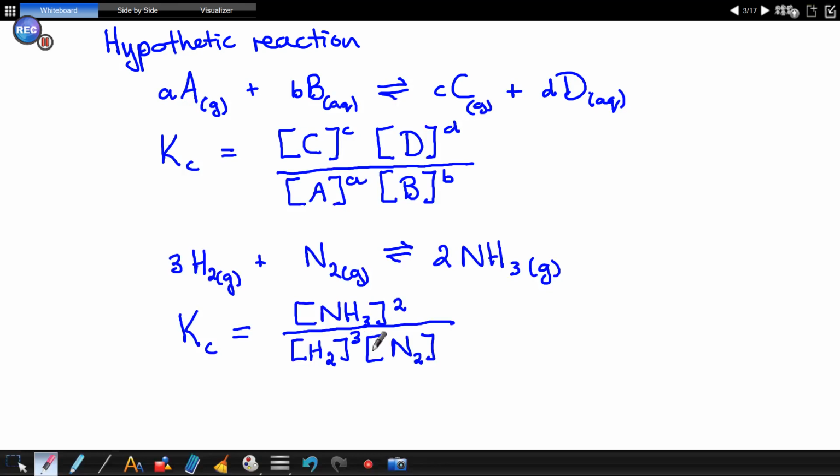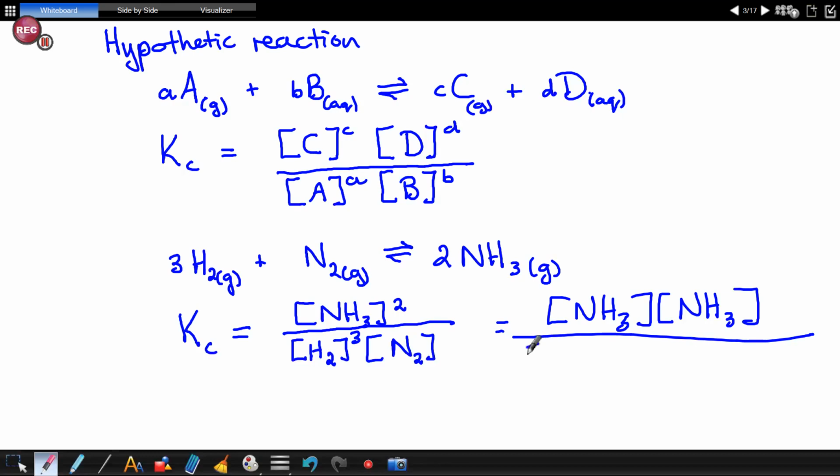How do you calculate that? We'll get there. You could write it out: the concentration of ammonia times the concentration of ammonia, because it's the product of the concentrations, divided by the concentration of hydrogen times the concentration of hydrogen times the concentration of hydrogen.